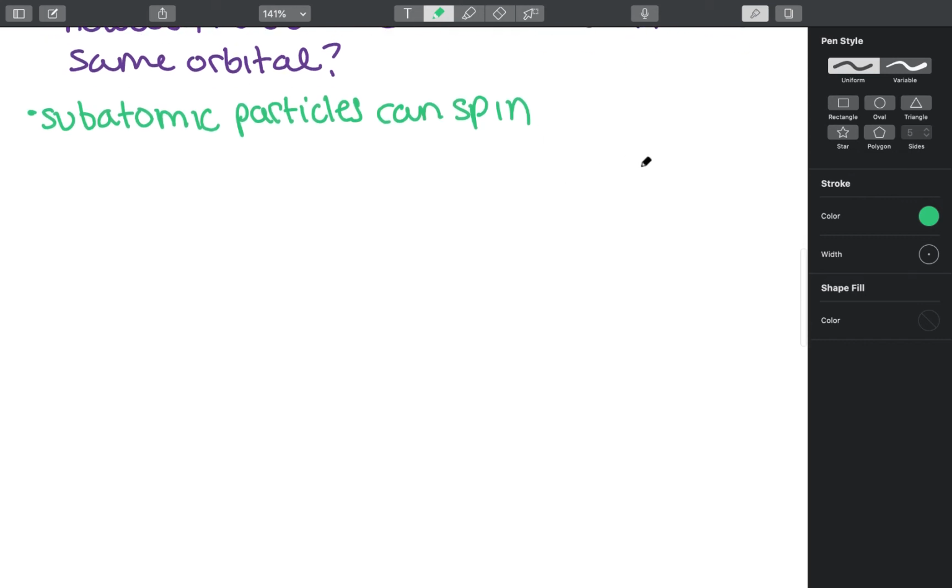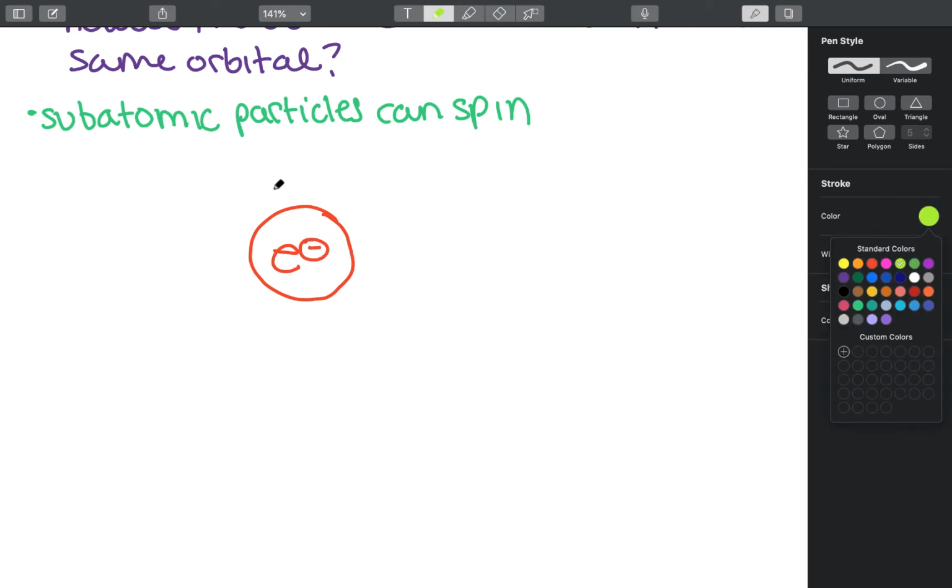We can illustrate this by drawing a little circle, and we can call this circle our electron. And the electron has a certain axis that runs through it, so we'll just draw the axis like this. And the electron spins around this axis.